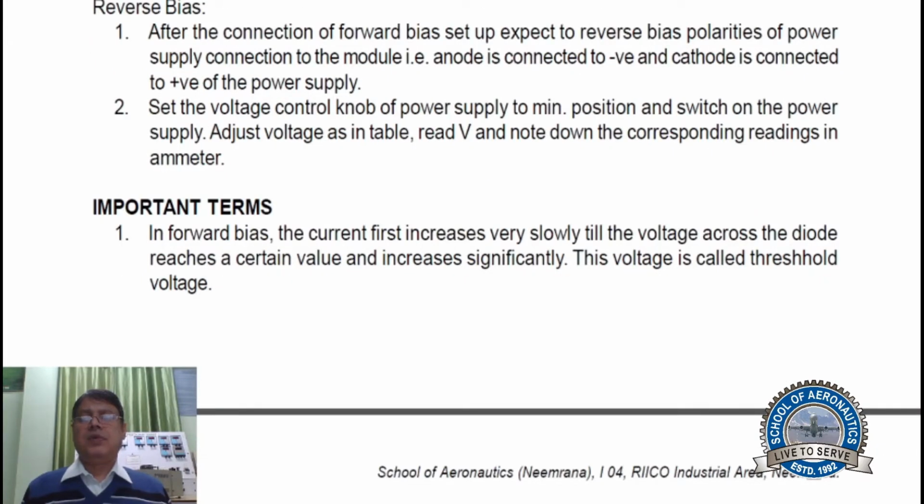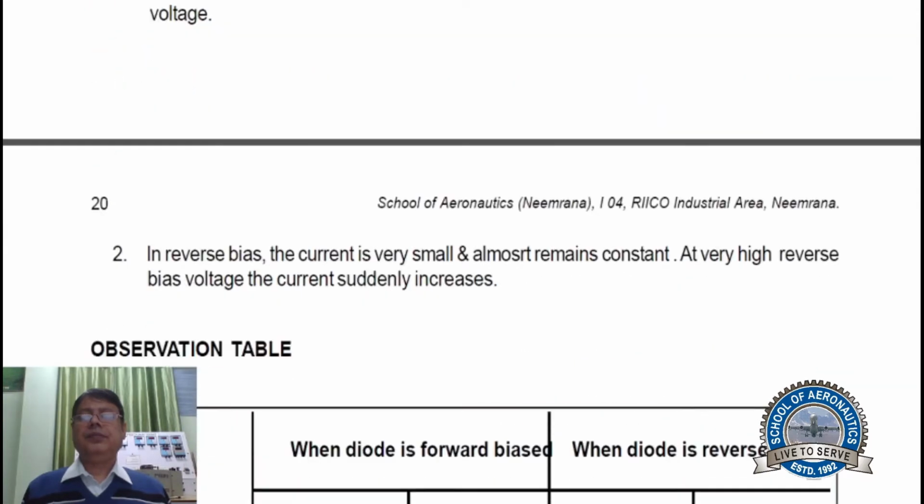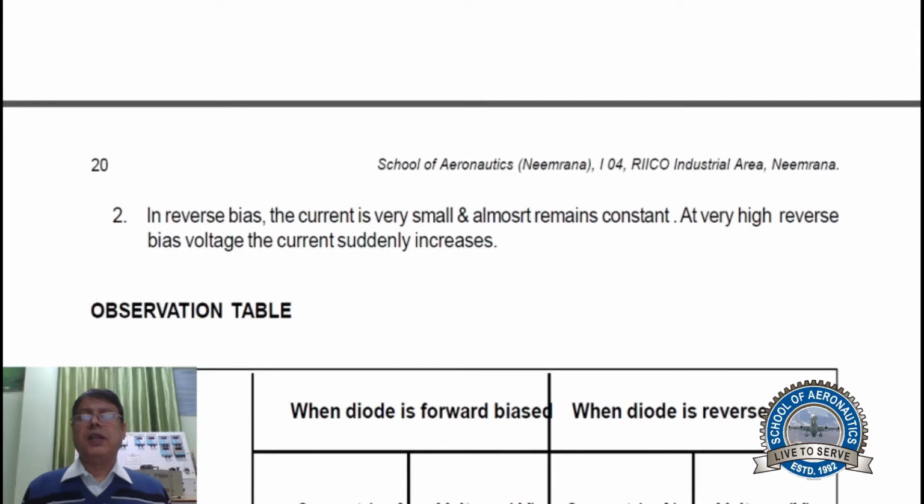Important terms. In forward bias, the current first increases very slowly till the voltage across the diode reaches a certain value, and then increases significantly. This voltage is called the threshold voltage. In reverse bias, the current is very small and almost remains constant.